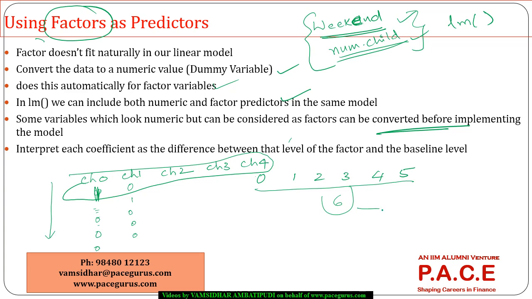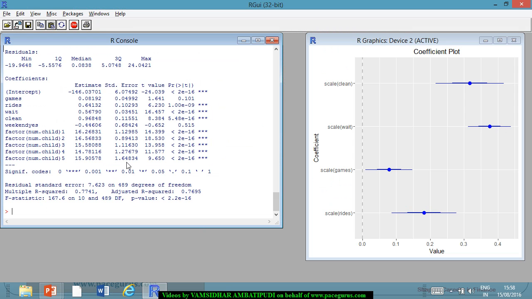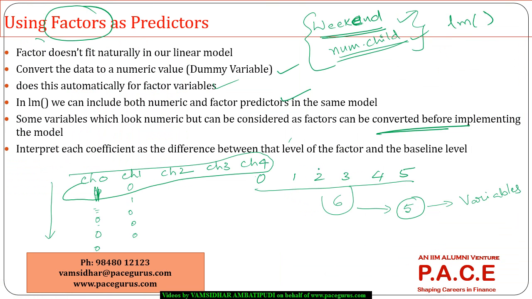What R does is, out of 6, it takes 5 of them and creates 5 different variables, which is nothing but n minus 1. So it has created child 1, child 2, child 3, child 4, child 5. These 5 are created as 5 different variables, and 0 will be taken as the base.